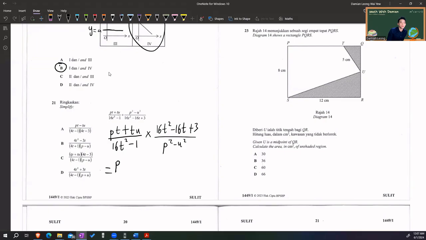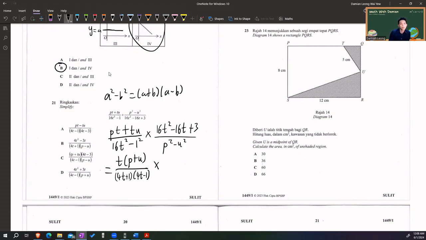So P, take out the common factor T, P plus U. 1 is the same as 1 square. 16 is 4 square. So 4t square minus 1 square means 1 bracket plus 1 bracket minus. Okay, use the formula a square minus b square, a plus b, a minus b. This one factorize. This one there's no special formula. We have to factorize manually.